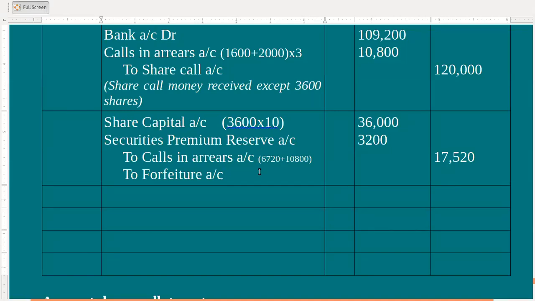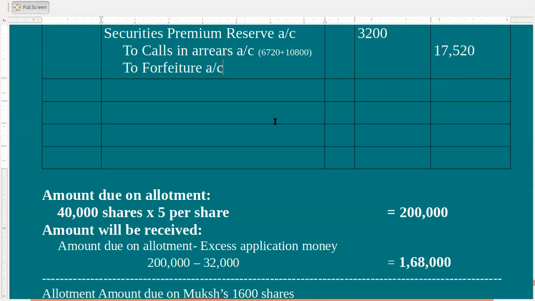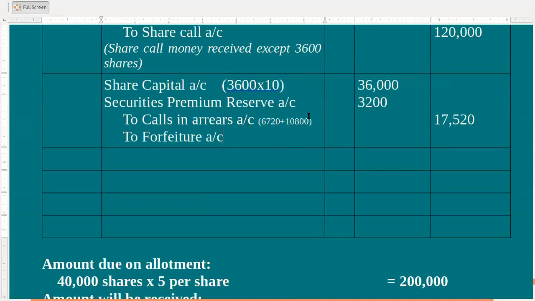Can you tell me? 21,680. You balanced, right? How will it be?